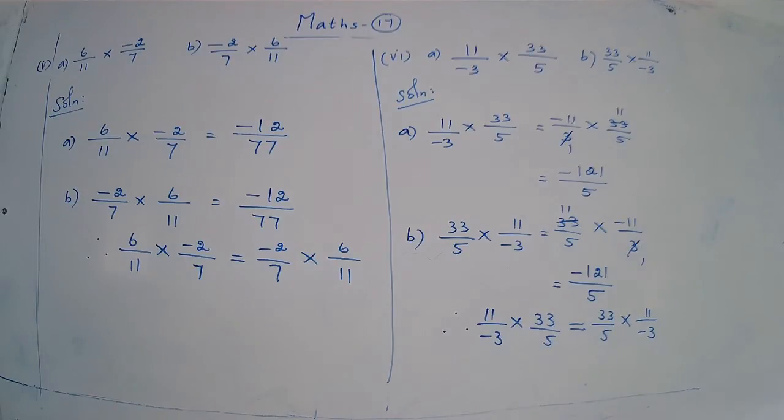A part is 13 upon minus 6 divided by 7 upon 18, okay? And B part is 7 upon 18 divided by 13 upon minus 6. Okay, children? Your question is A part 13 upon minus 6 divided by 7 upon 18, and B part is 7 upon 18 divided by 13 upon minus 6.